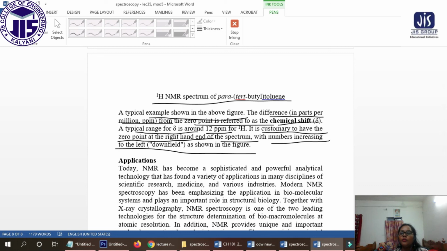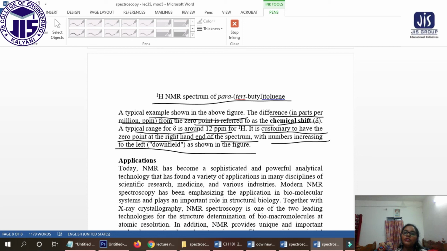Now, what are the applications of this technique? Generally, we can use NMR spectroscopy for determining the functional groups in organic compounds.